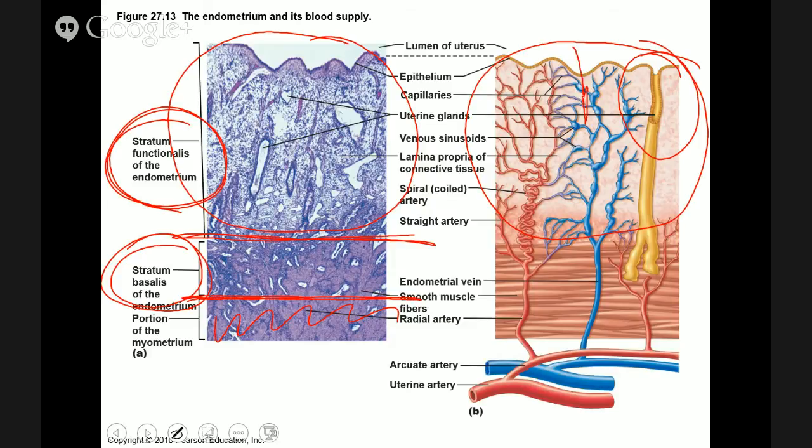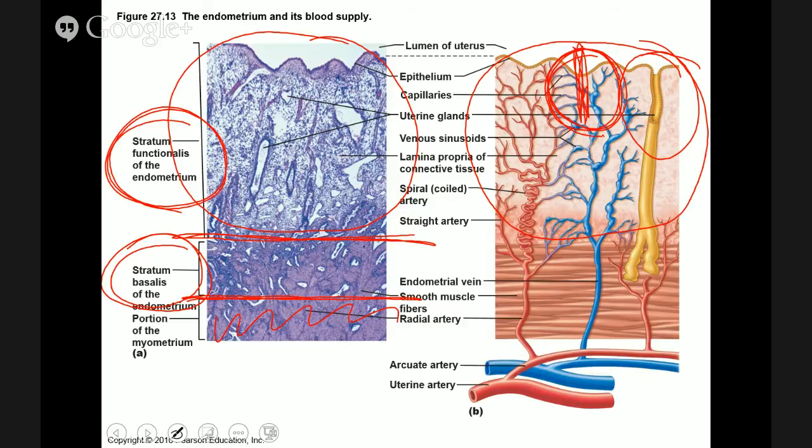Okay, and that's the general idea. We want a nice, comfortable, hospitable environment for a zygote, which at this point is called a blastocyst. We want that blastocyst to be able to implant into the wall of the uterus and have a nice place to go. Okay?